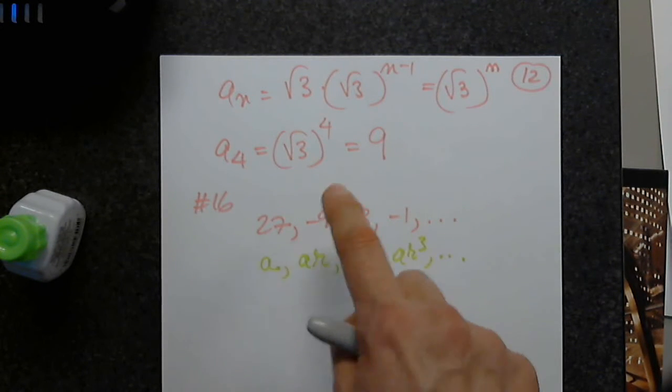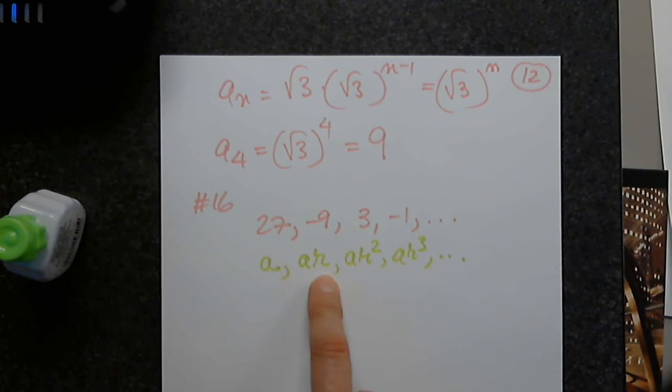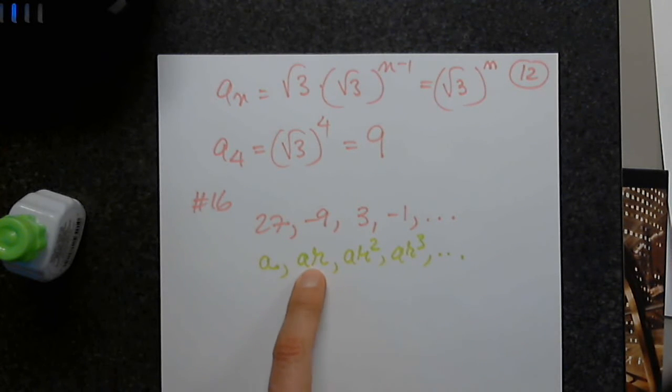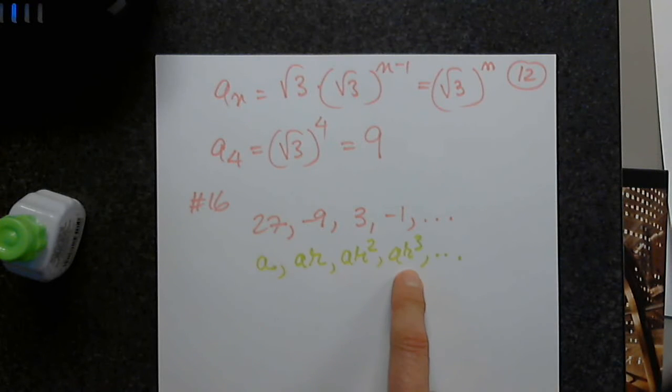Because to find each term, I multiply the previous one by r. So if any two consecutive terms, divided from right to left, give the same number in all cases, then I'll say it's geometric.